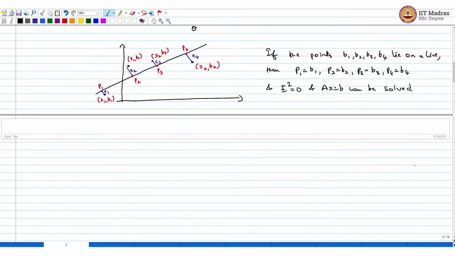Now, if not, then minimize the squared error. Okay, I made a mistake. I should have used theta.